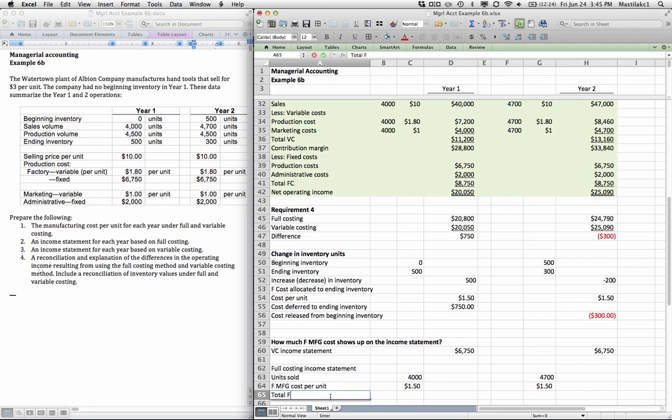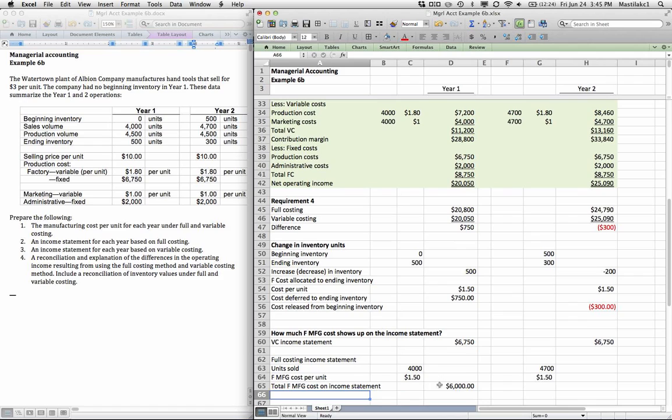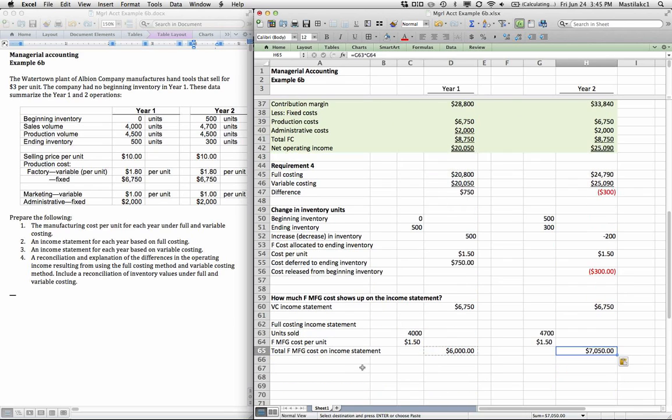So our total fixed manufacturing cost on the income statement is the product of those two. $6,000, 4,000 units times $1.50 per unit. And here it's $7,050.